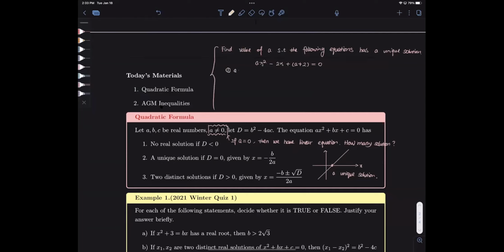One is when A equals 0, you would have a linear equation which has only 1 solution. 2 is when your discriminant equals 0, which means you have a unique solution as well. So this is a quadratic, but it has only 1 solution.